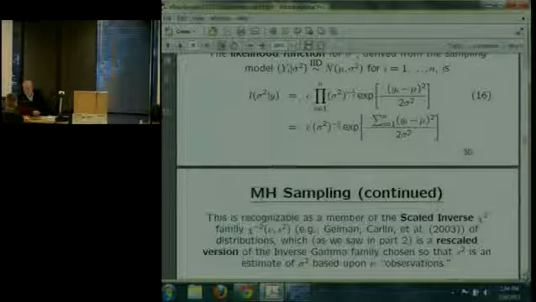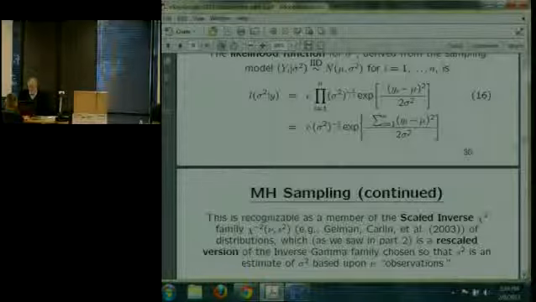But the scaled inverse chi-square family with parameters nu and s squared, when used as a prior, for example, is interpreted as having s squared, your current estimate of sigma squared, based upon new observations. So it acts like a prior sample size of nu, and then in the posterior, that would be a posterior sample size of nu.